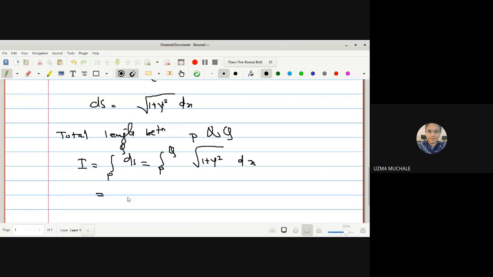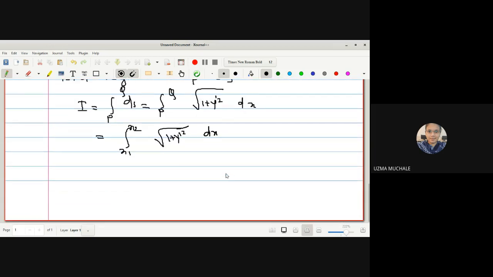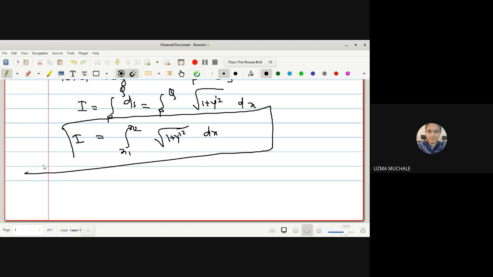So we get it is equal to integration, I can write x1 to x2, as we are integrating with respect to x. So that's why we are going to find out the limits from x1 to x2, right?